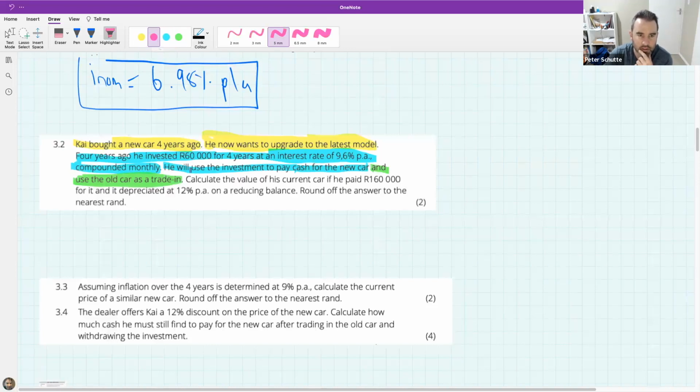Then it says, calculate the value of his current car if he paid 160,000 for it, and it's depreciated at 12% on a reducing balance. It also says here, round off to the nearest Rand.